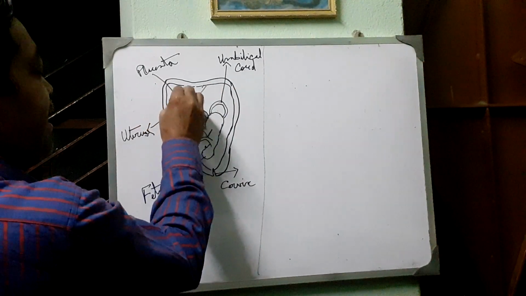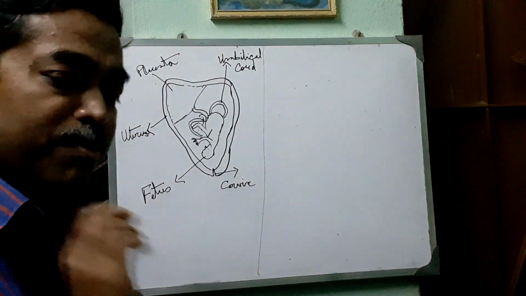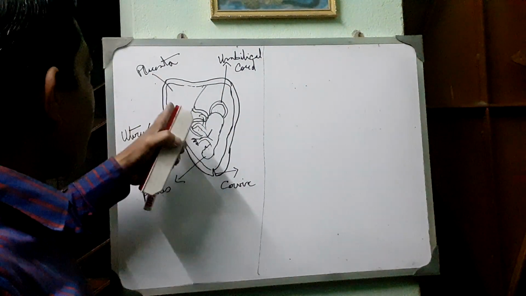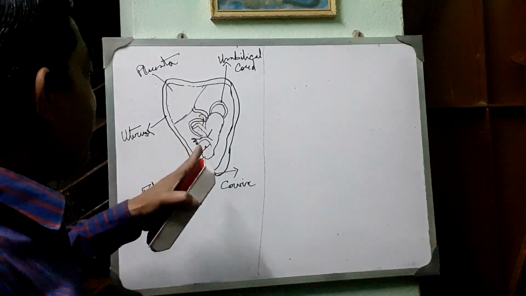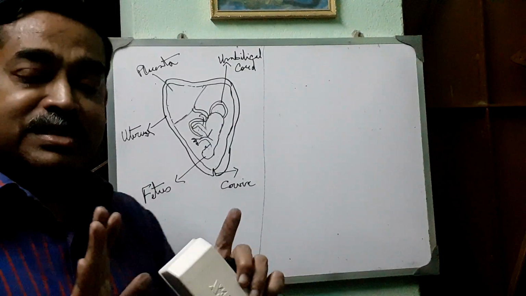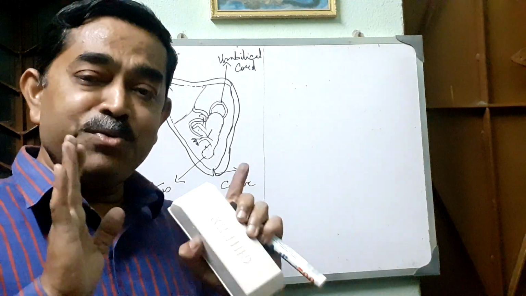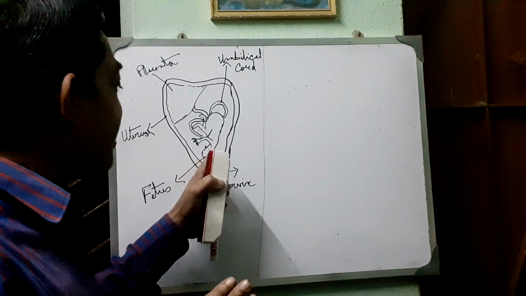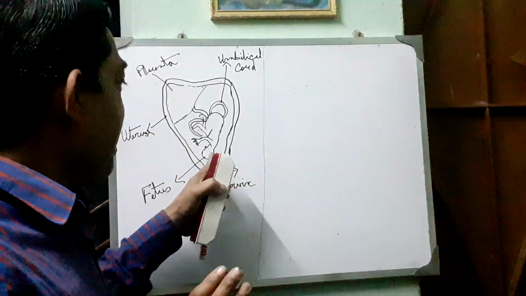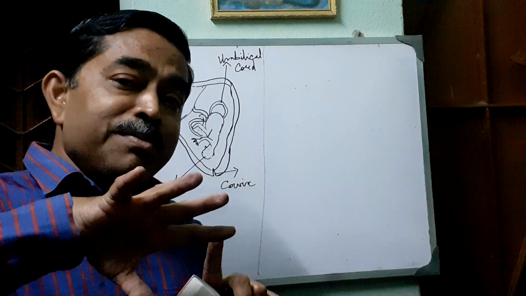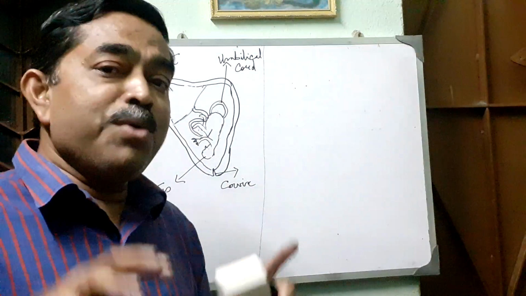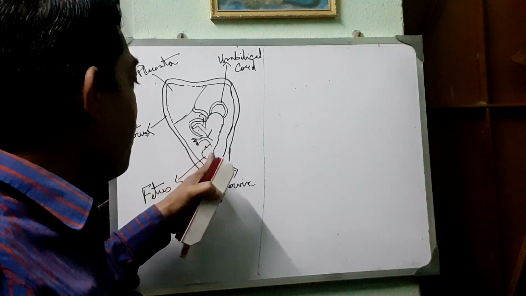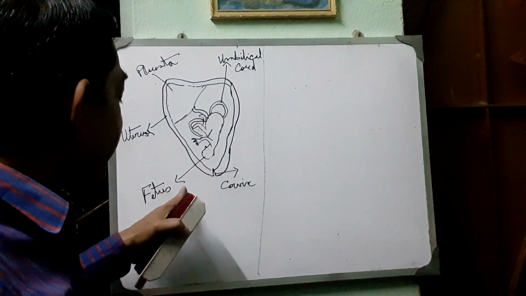It is a temporary organ that develops when the pregnancy is there. So what is the function of the placenta? It supplies and transports nutrition and oxygen to the fetus, the newborn baby, and also takes away the waste material from the blood of the baby, which is called the fetus.